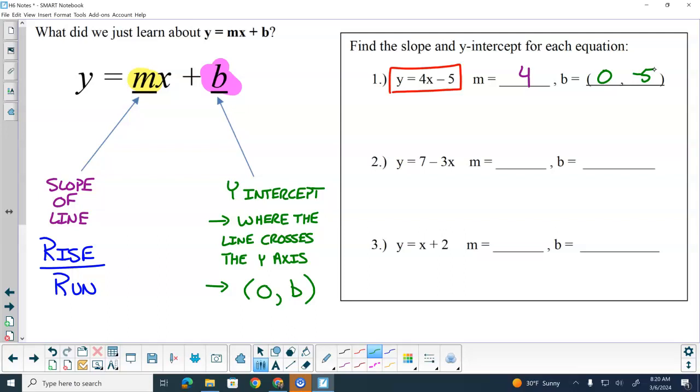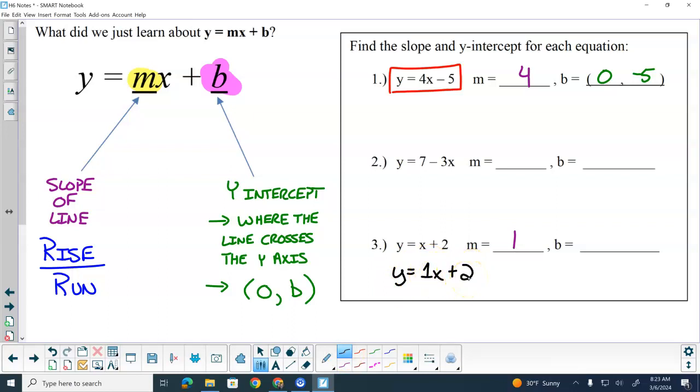You quickly do the next two, third one first. In the third one, what is my slope? Number 3. We got Roger? 1. Yep. Because when it's not written, we assume that it's 1. We assume that this is y equals 1x plus 2.